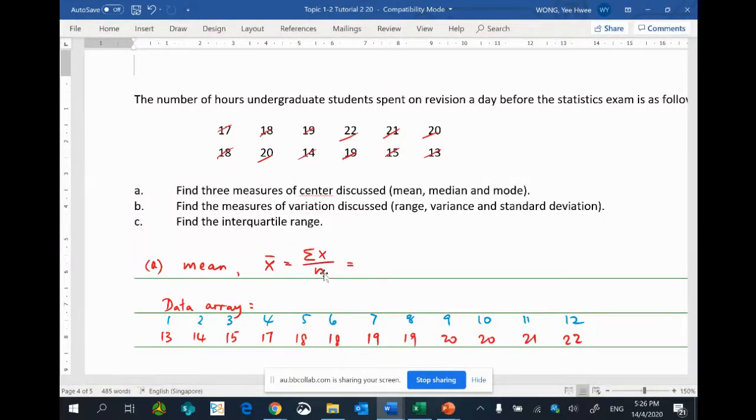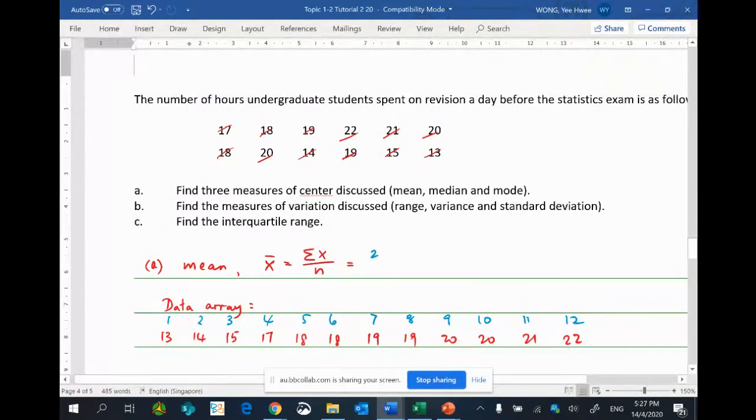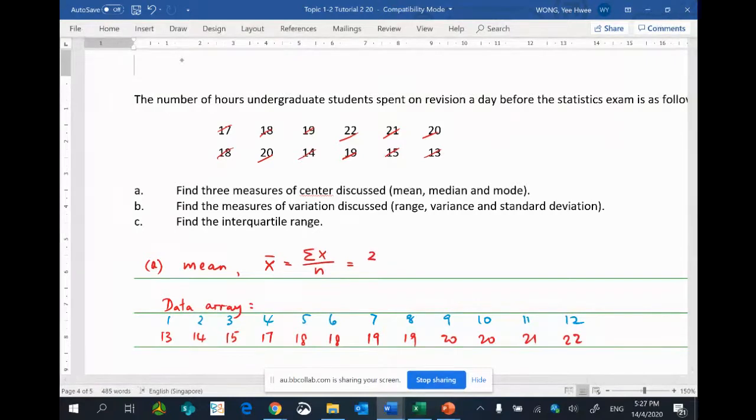Am I right? We have 12 numbers. Okay, so that will give us 18. We got 18, did you?